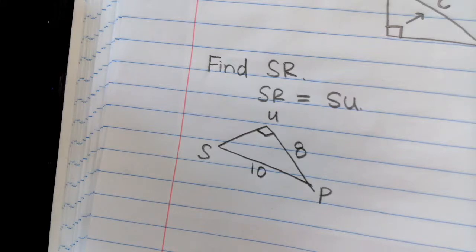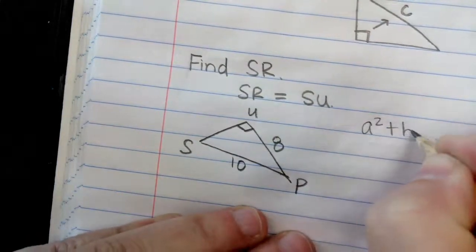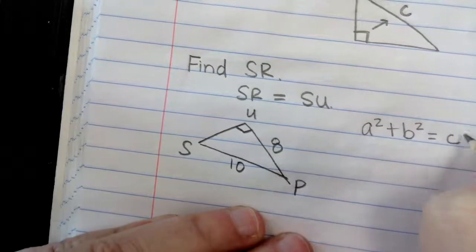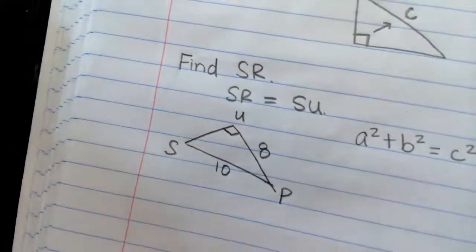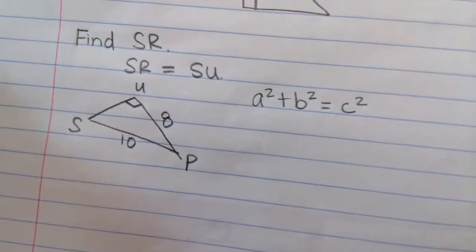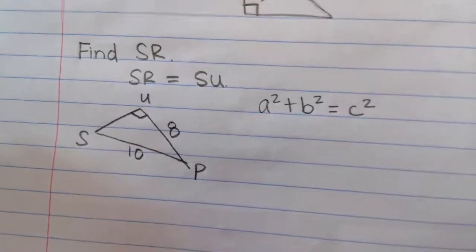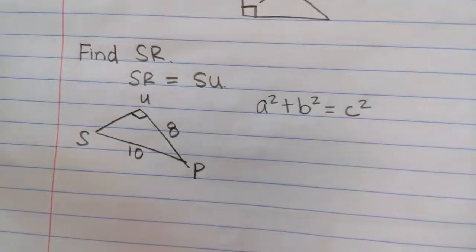So we're just going to find a missing length in the triangle. And to do that, we're going to use our handy-dandy Pythagorean Theorem. Okay? So, we're going to do a squared plus b squared equals c squared. Which one is the most important that we need to know for sure it goes into place? A, B, or C? C. And C is across from the 90-degree angle. So is C going to be 8, 10, or the missing part?